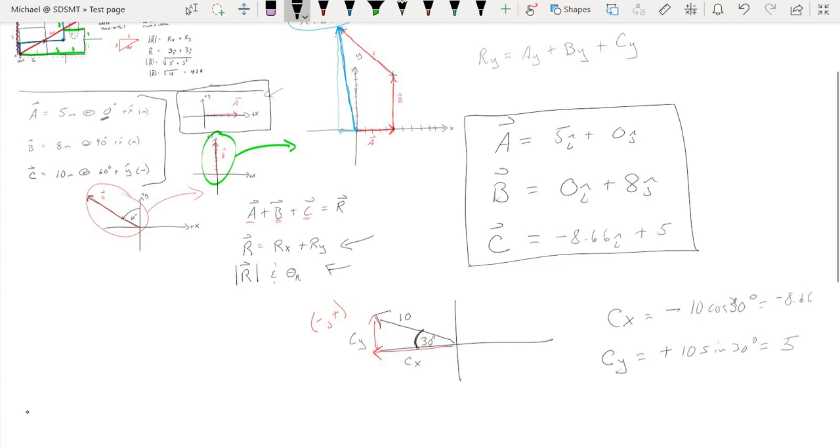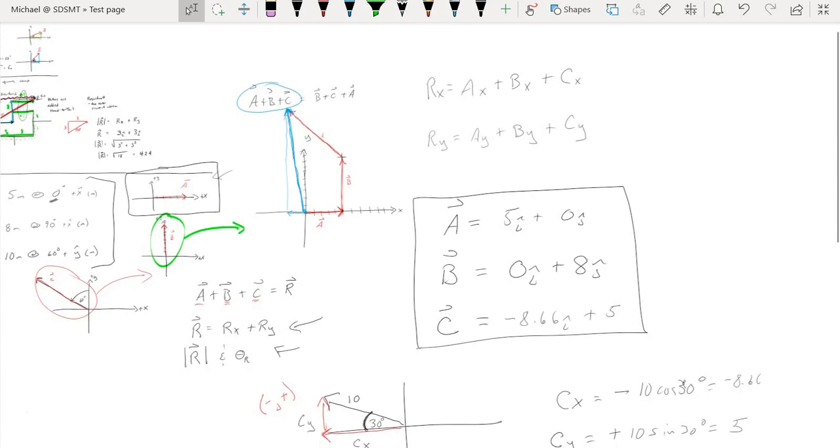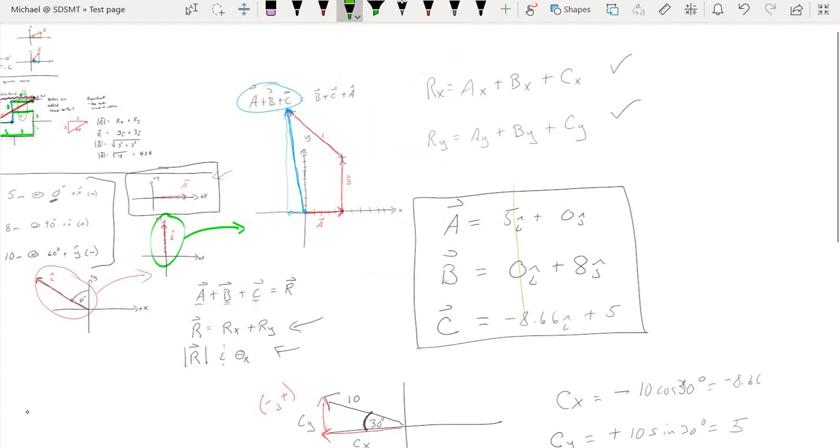So those are the components of the 3 vectors. And now we have to add together all of those components. Well, the way I have this written, it would be super easy if we just dropped right down the columns, adding everything together. And when we do that, we will get the x and y components of our resultant vector.